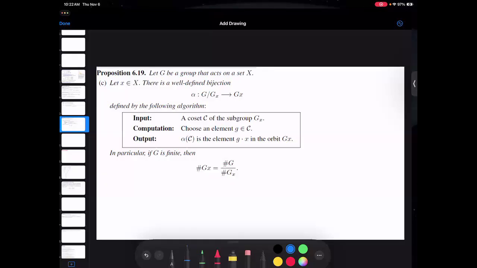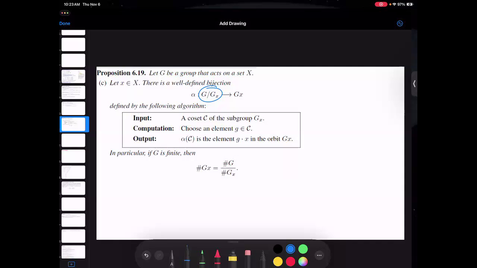I choose a coset. That's what G mod Gx, that's what G mod the stabilizer is. It's going to be a set of cosets. So we choose some coset in here, and we choose any element in that coset, any element g. And we say that alpha on the coset is just g dot x. What's your fear?